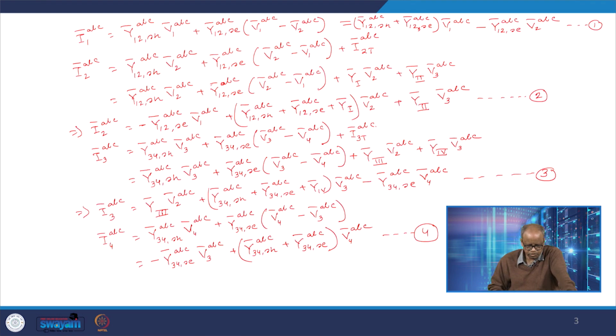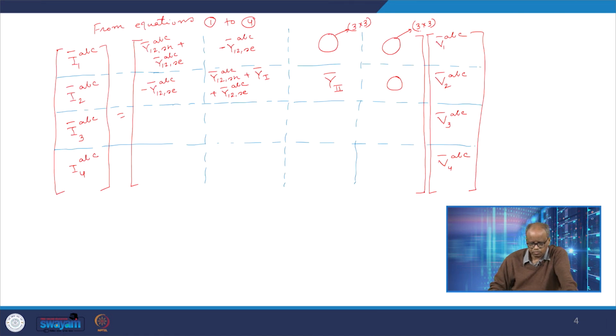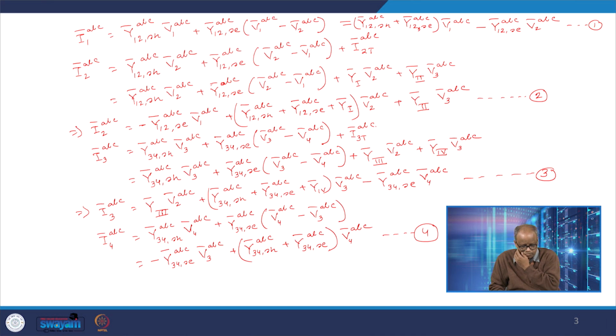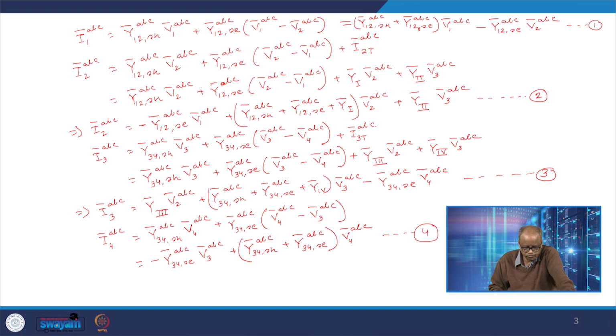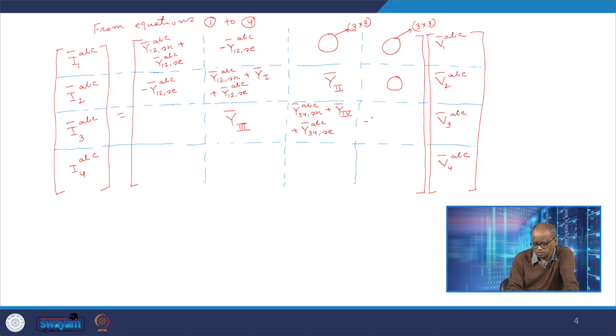I3, Y3, V2 ABC, and then Y3 4 shunt, Y3 4 series, so Y3 4 shunt plus Y3 4 series, and then minus Y3 4 series, minus Y3 4 series, and this is 0.